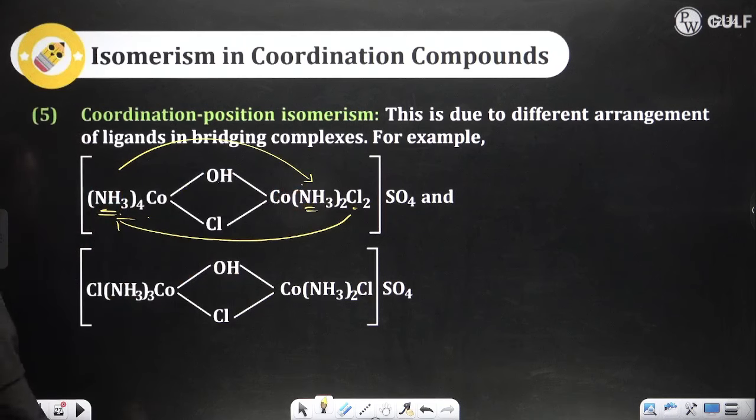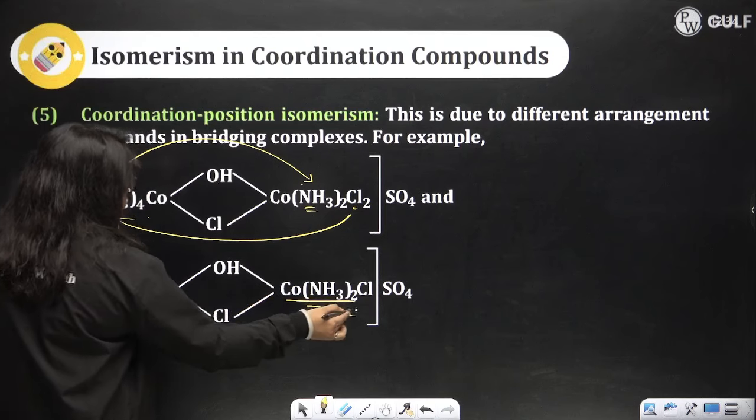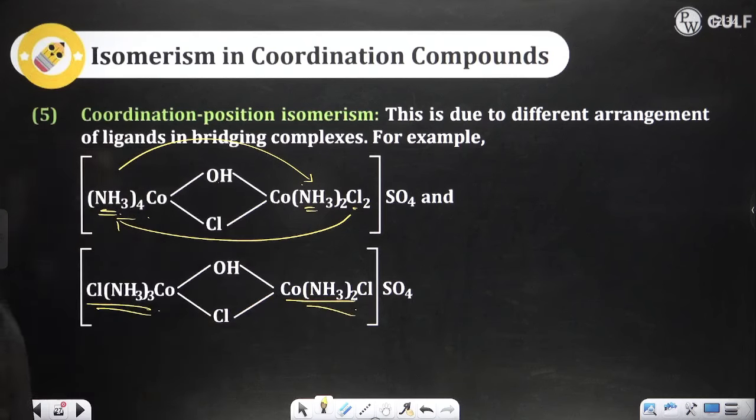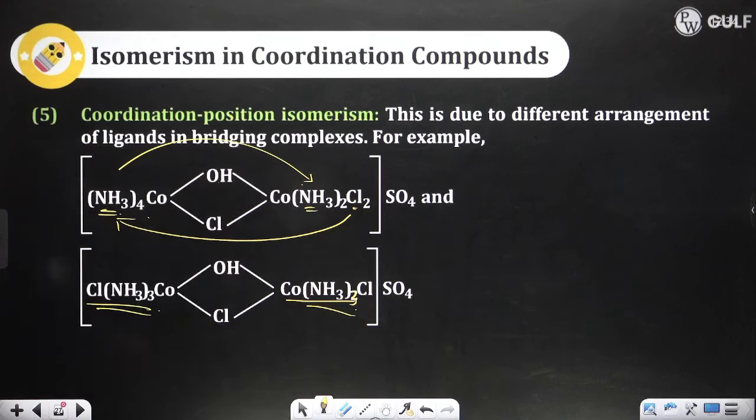As a result, the number of ligands on either side becomes the same. Basically, exchange is taking place within the molecule only, but around bridged ligands. This is known as coordination position isomerism. The position is changing, but the coordination sphere is not. It remains the same.